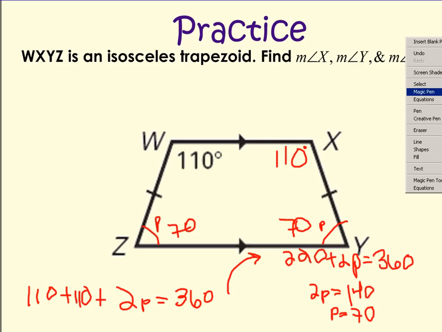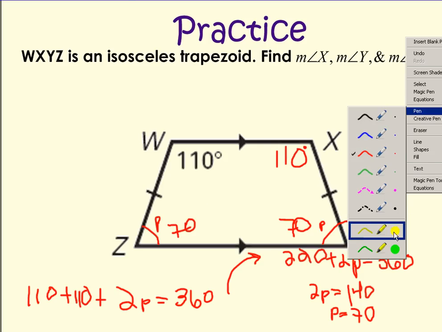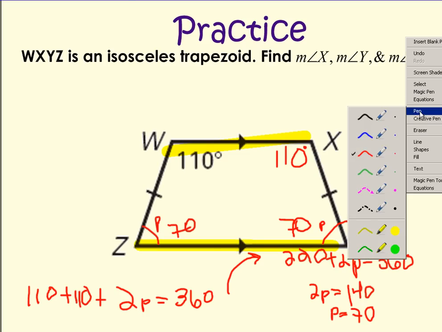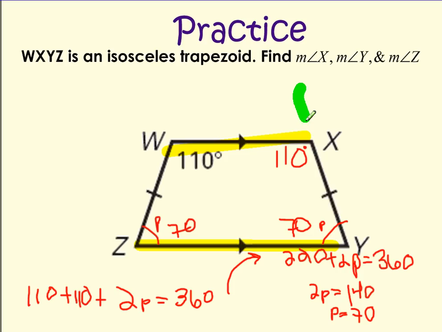There is one other important observation we should make from this, and we have a pair of parallel sides. And we can say that one of the legs can serve as a transversal. And we know that when we have consecutive interior angles, those will always be supplementary.